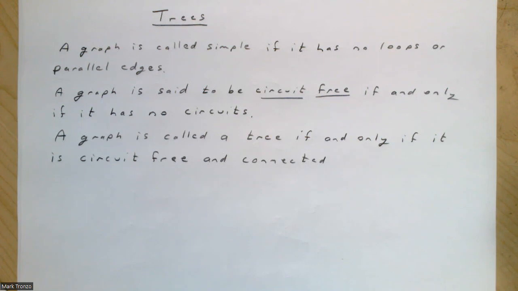So a graph is called a tree if and only if it is circuit free and connected.